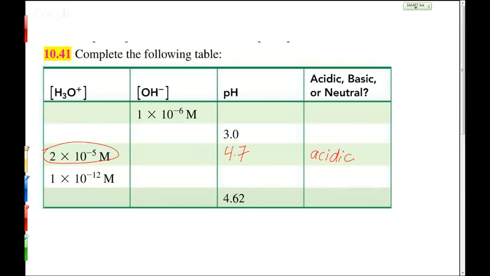I think the easier way to do it is to think about that pH plus pOH equals 14. So that means that if the pH is 4.7, then the pOH is going to be 9.3. But we wouldn't write that as 10 to the minus 9.3 because we don't put decimal places up in the exponent. So you have to calculate that again with the calculator.